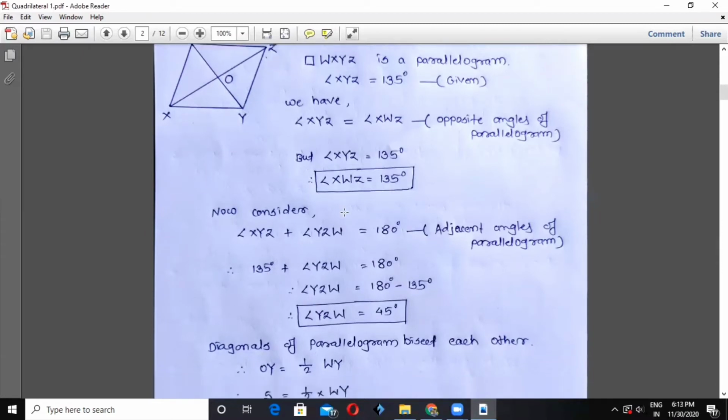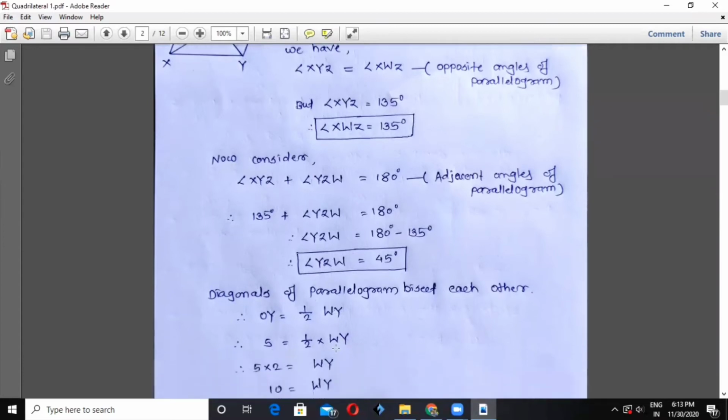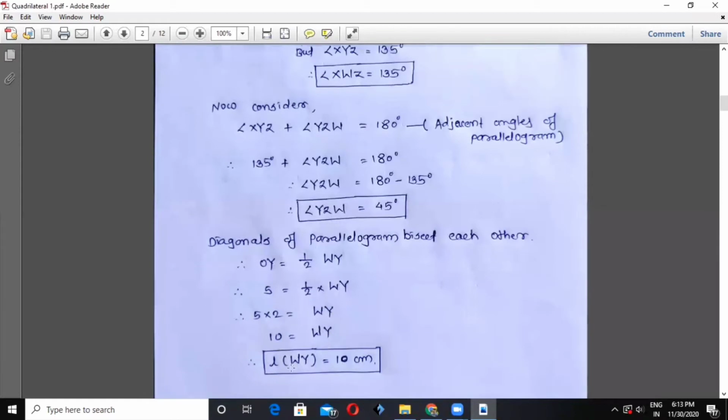So by that we have the relation that OY must be half of WY. The length of OY is given, so we'll replace it here by 5. That is equal to 1 half into WY. If we transfer 1 half to the left hand side, it will be 5 into 2, that is equal to WY, and 5 into 2, that's 10, is equal to WY. That means the length of WY is 10 centimeters. So this is the answer of the third question.